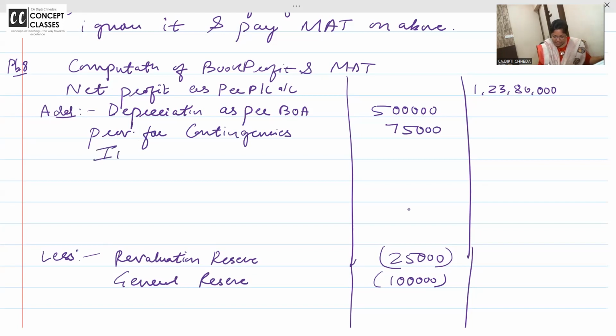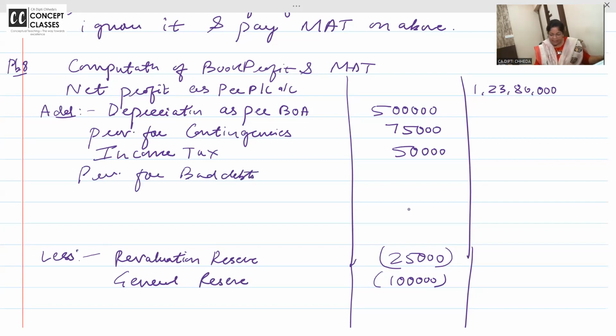Income tax. Whatever you may have paid advance tax and all, add back. Instead of income tax, if they give wealth tax, don't add it back. Okay? Right. Provision for bad debts. Add back. Proposed dividend.